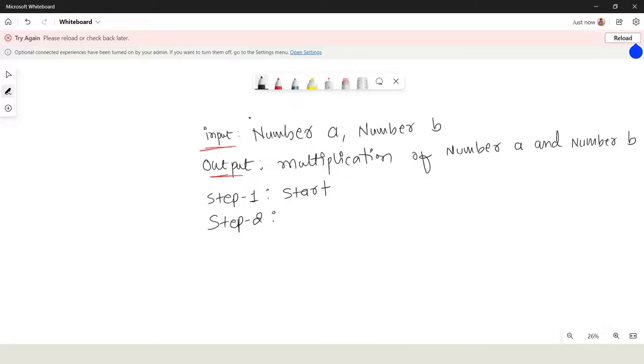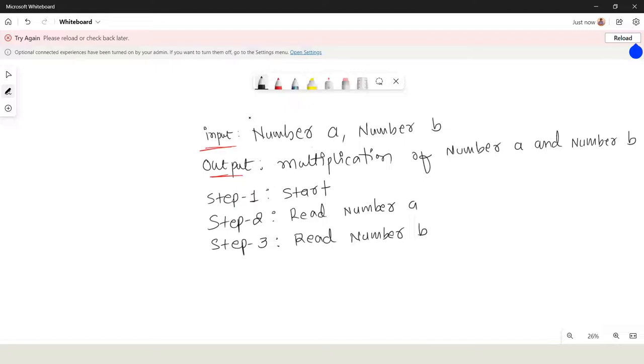I have to take input from the user, that is number A and number B. Then read number A. Then step 3, read number B.